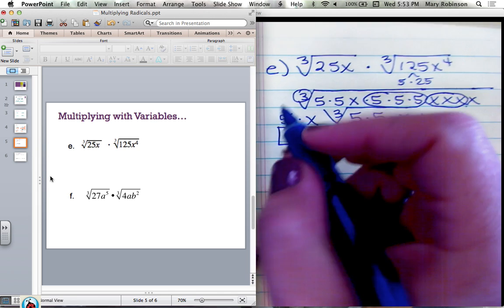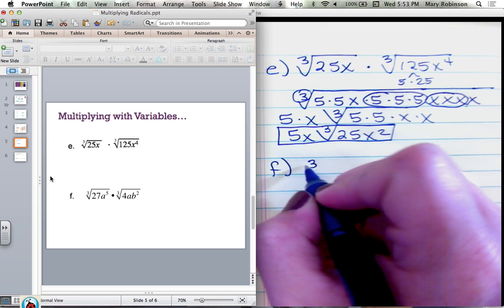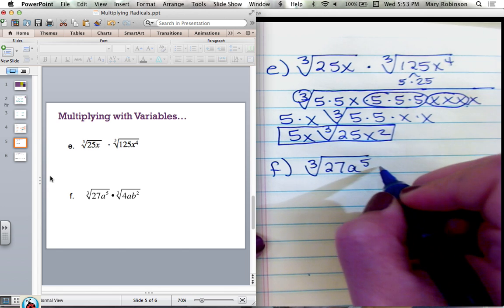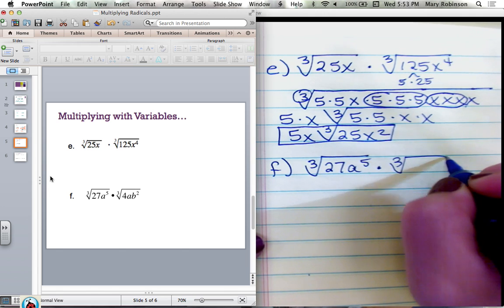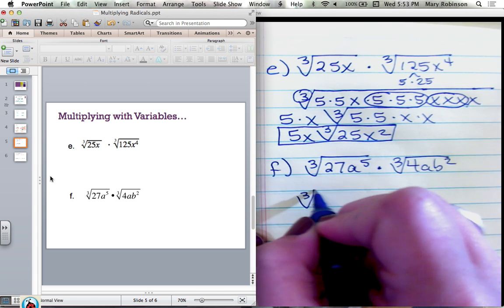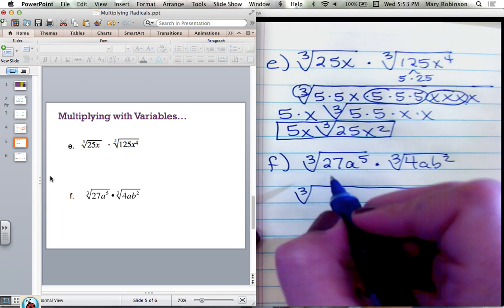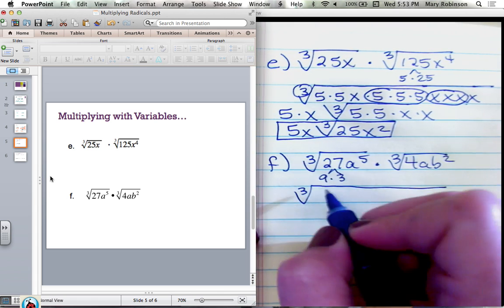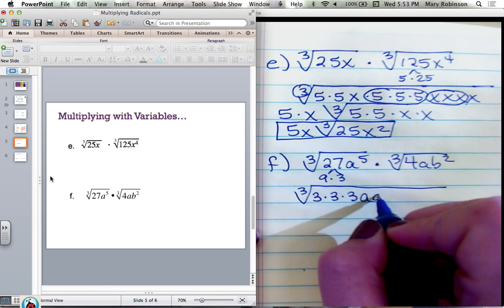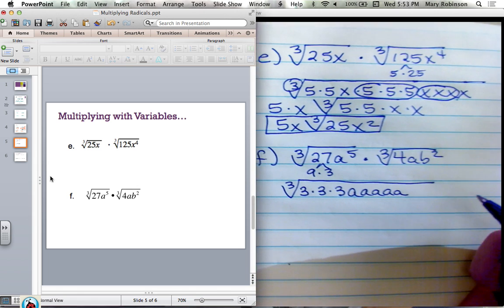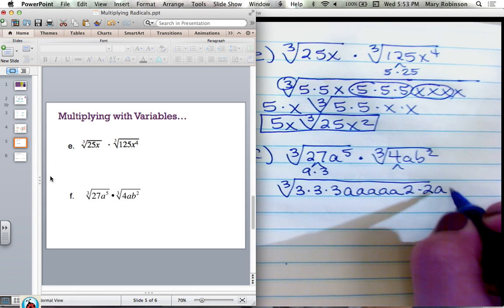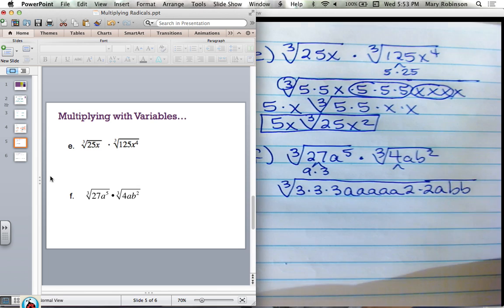Next, for part F, we have the cube root of 27a to the 5th times the cube root of 4ab squared. And again, I'm going to make one long radical. This is 9 times 3, which breaks down to 3 3s and 5 a's. And then 4 breaks down to 2 and 2, an a and 2 b's.